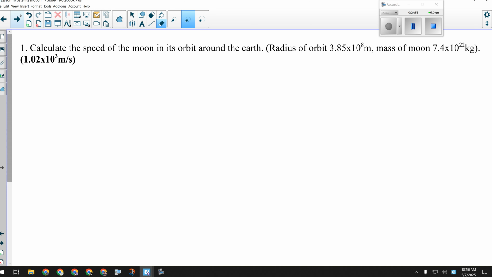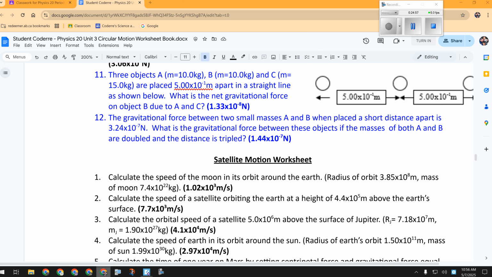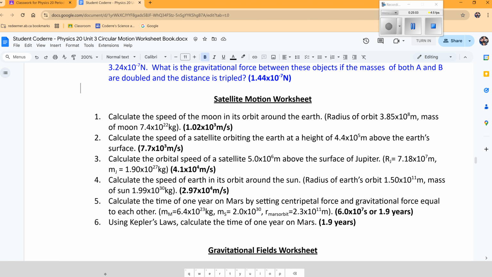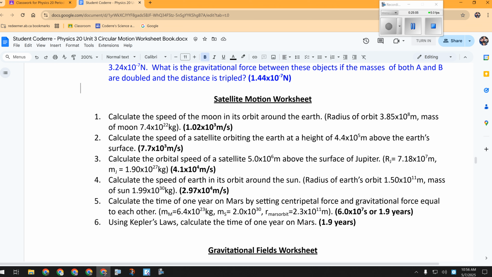I would like you guys right now, I'll put it up here on the board, there are some satellite motion questions in your workbook, only 6. I'd like you working on that. When we get done that, we'll probably talk about gravitational field strength a little bit today. Tomorrow we'll finish that stuff all up. And then Friday is your quiz.